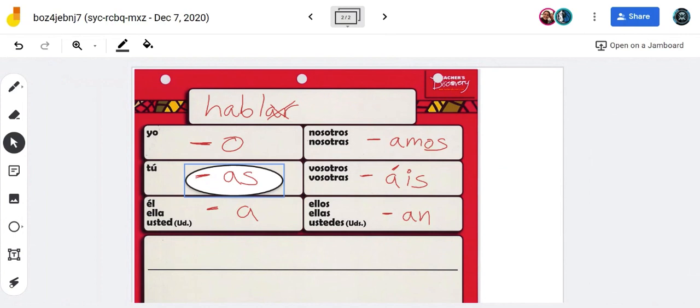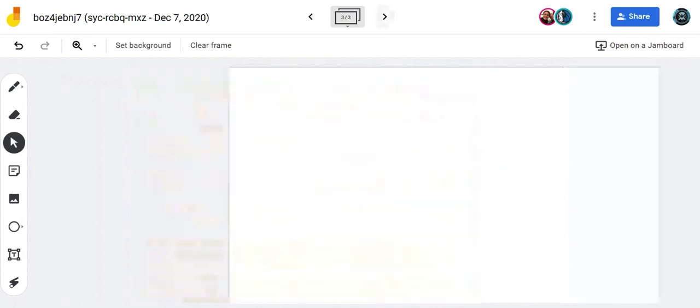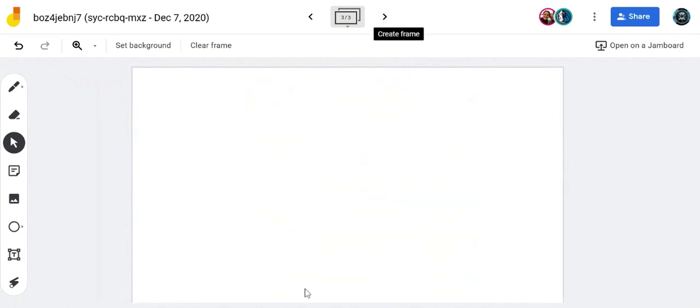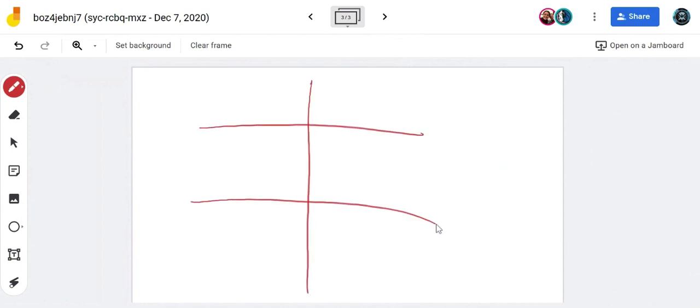Does that make sense? So if we wanted to do this on a clean sheet here, it'd be hablas. All right, so looking at your notes, what would we do for they talk?